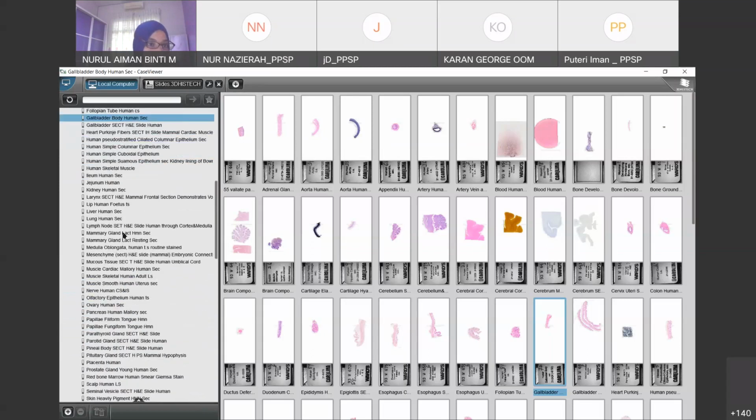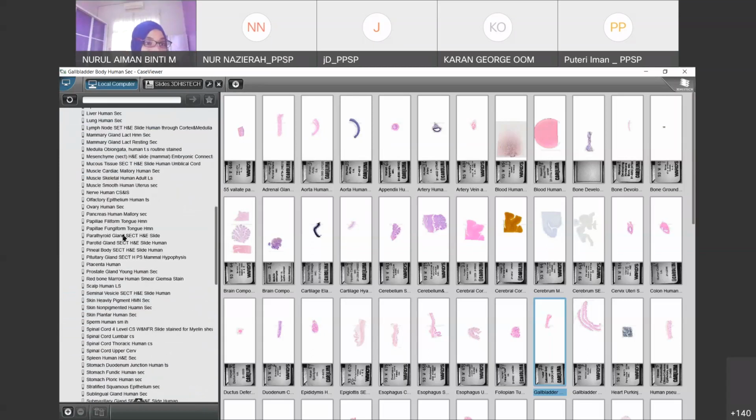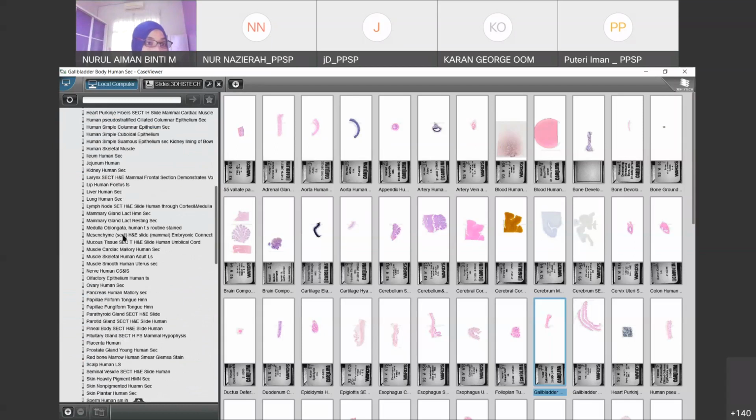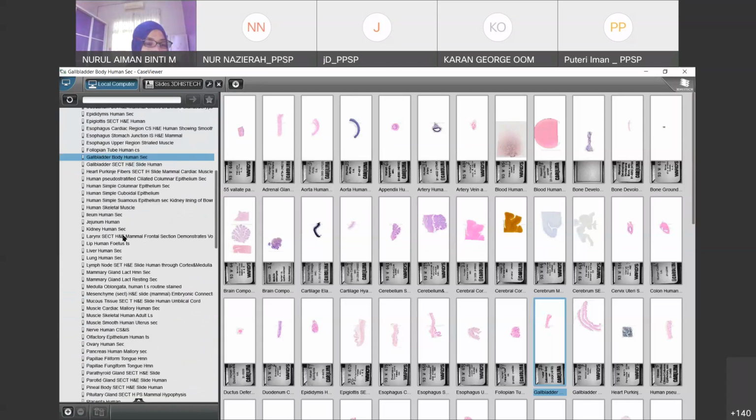We have to look at the respiratory system. Where is the respiratory system? This is really specific. I don't really like to look at the slide with this one. Sometimes we better go to the other organs.